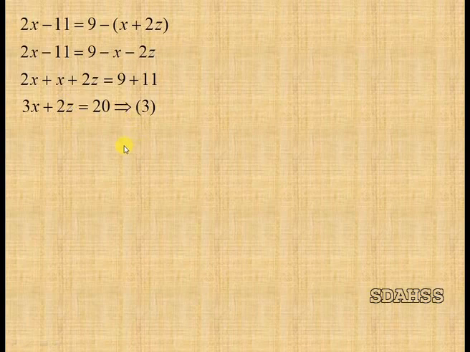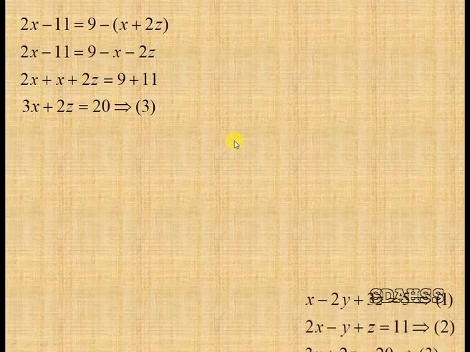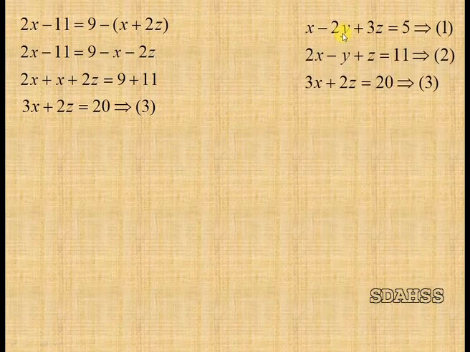Now we got three equations. You have to take any two equations and solve. In the first two equations we have x term, y term, z term, and the constant term.